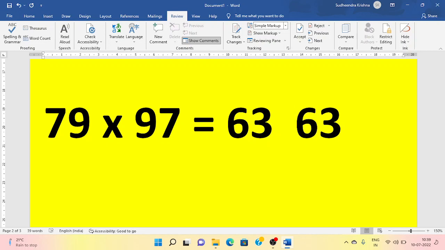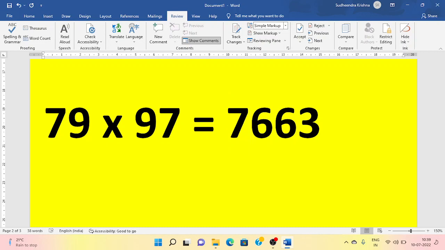So put 6 here and you carry over 13. Now on the left side you have 63 plus carry over 13. So 63 plus 13 will give you 76. So put 76. So this is the required answer. So 79 into 97 is equal to 7663. It is as simple as this.